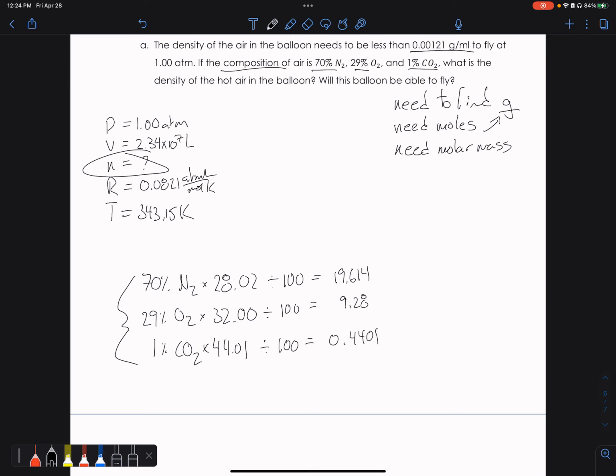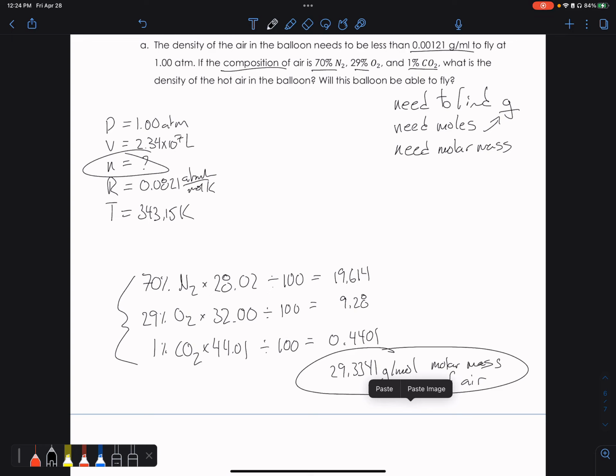And then if we add all of those together, we get 29.3341 grams per mole as the molar mass of air.